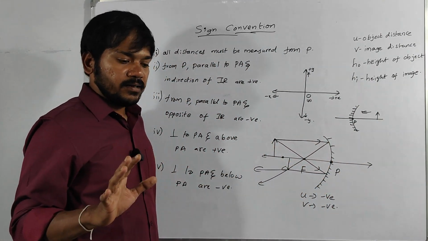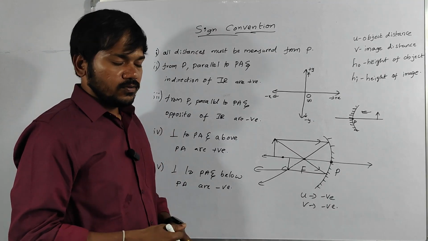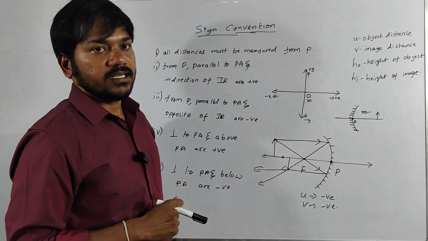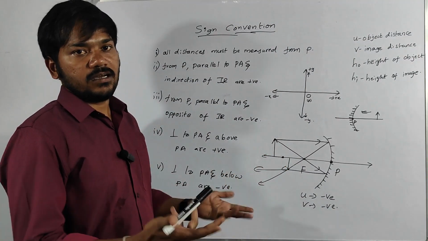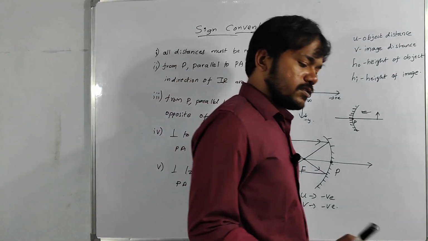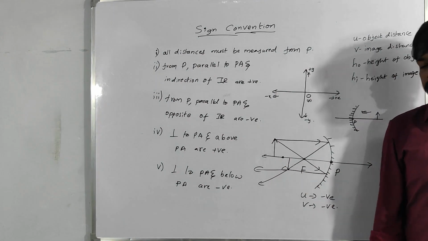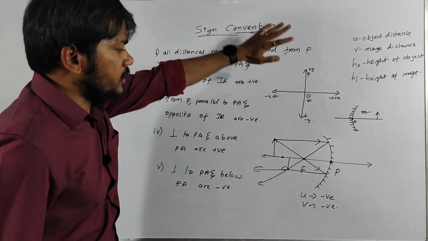Actually it is not mandatory, but concerned about the marks, you can mention the object is always taken on the left side, and the distance of the object from the pole will obviously always be negative. And the image depends on the case of image formation. Clear with this, no? So this is how simple the sign convention is.